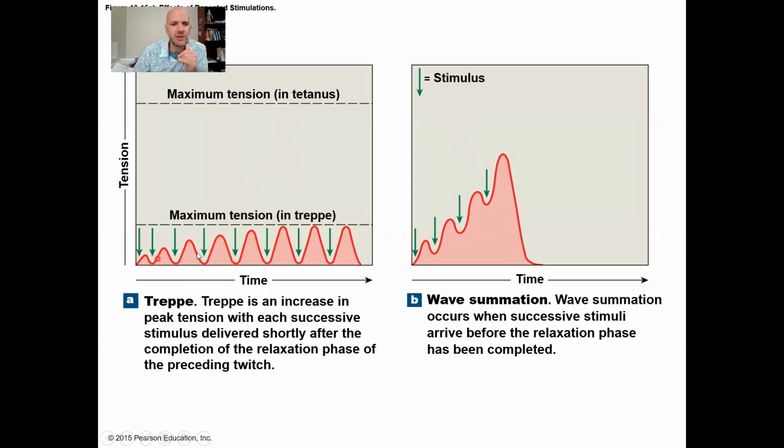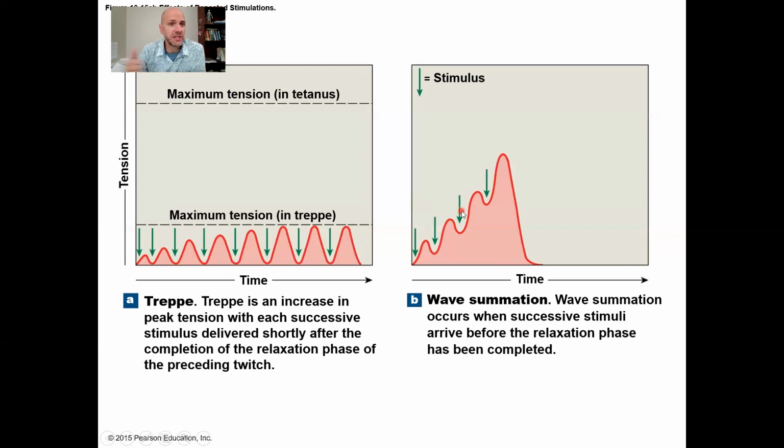If we increase the frequency, pretty soon we're bumping into the maximum tension that can be achieved with just one threshold stimulus. Wave summation means that now, instead of having these long gaps between stimuli, we've shortened that.